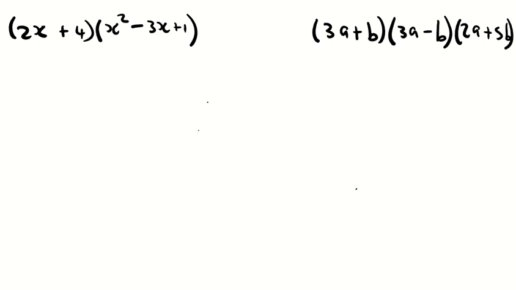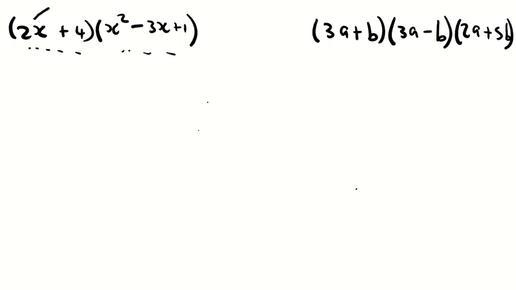Okay, this example involves a binomial and a trinomial. So here what you need to do is to do the FOIL method, but then you have to, let me show you how.